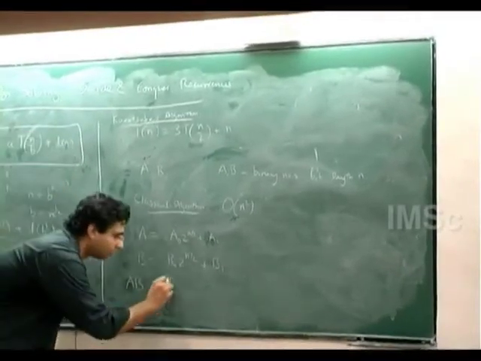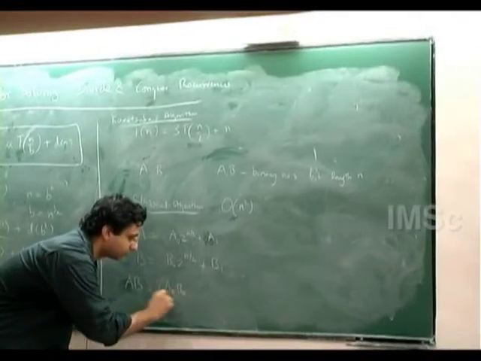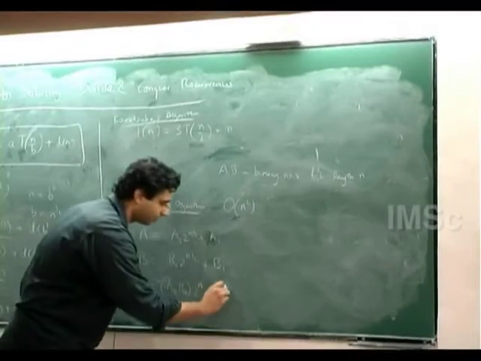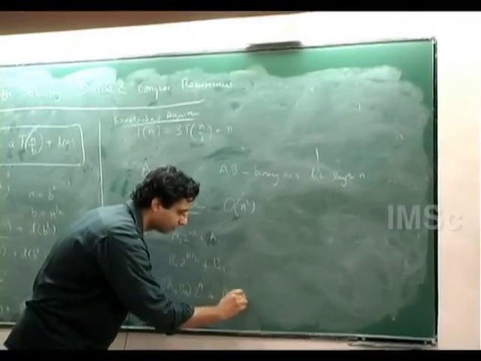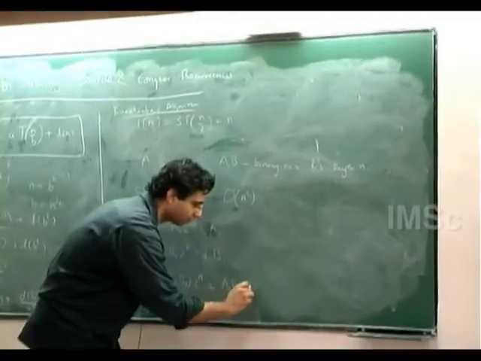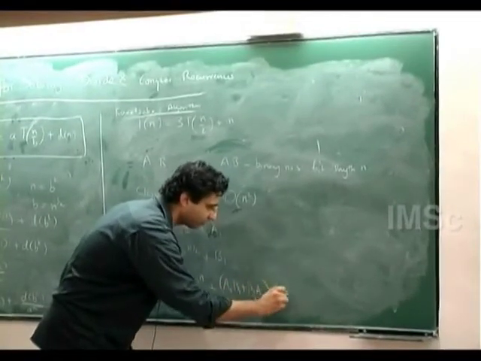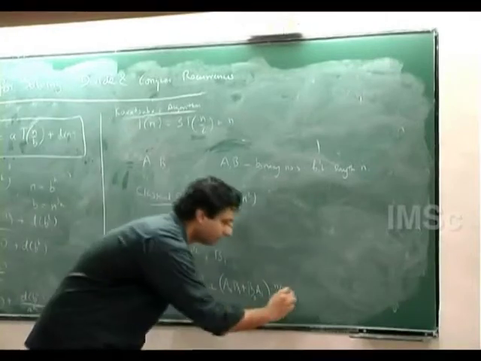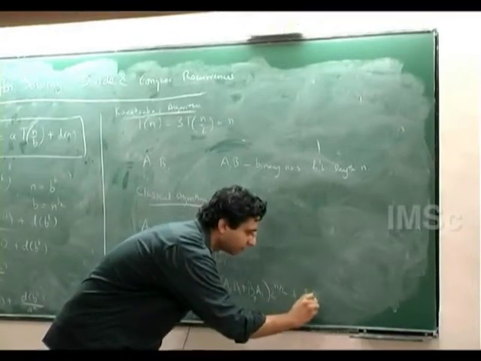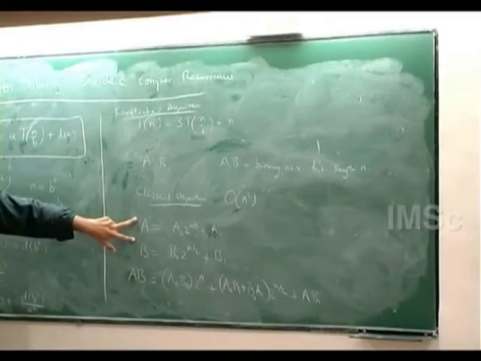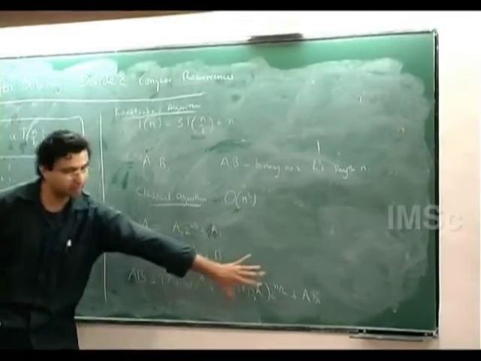I get A0 B0 shifted by 2 raised to n, plus A0 B1 plus B0 A1 shifted by 2 raised to n by 2, and then the product A1 B1. So we get the product of these two numbers in this form.